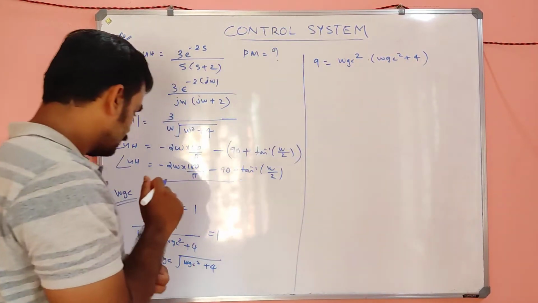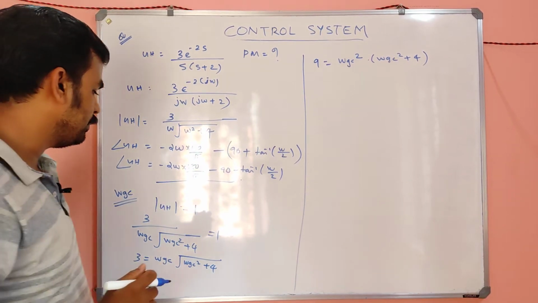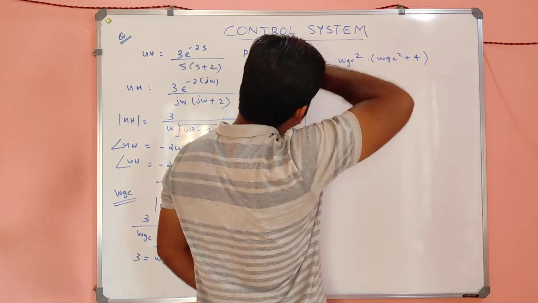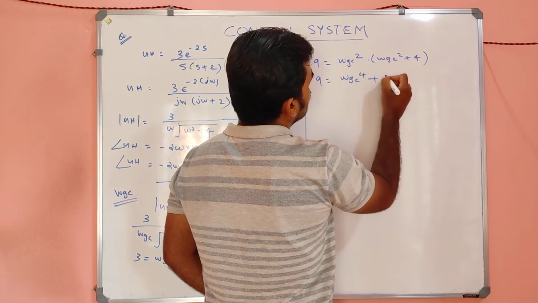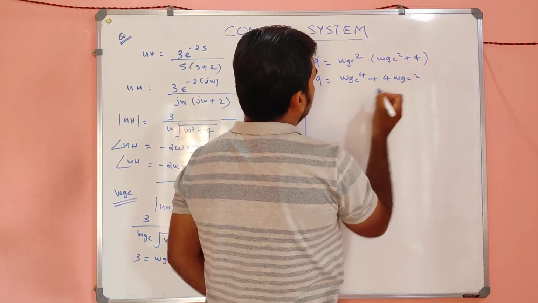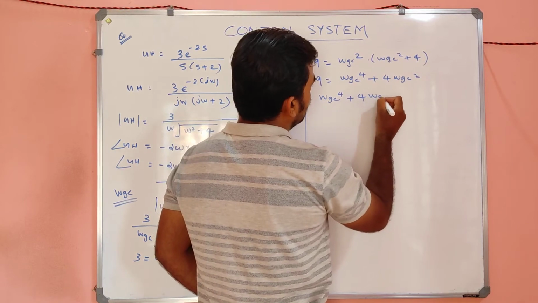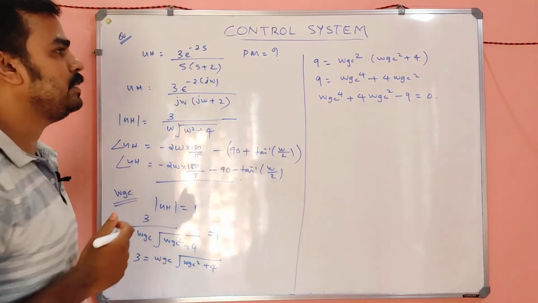Am I right, my dears? So 9 equals omega GC raised to 4 plus 4 omega GC square, or simply omega GC raised to 4 plus 4 omega GC square minus 9 equals 0.